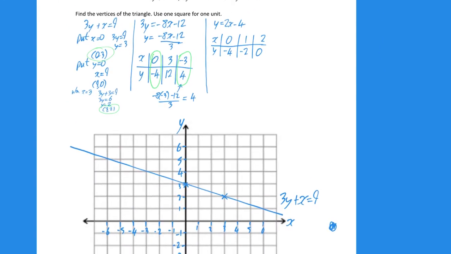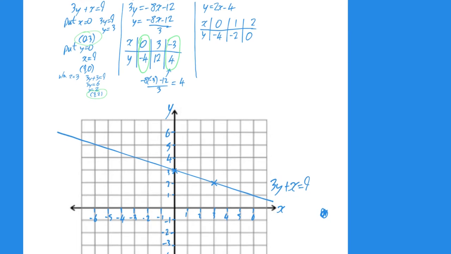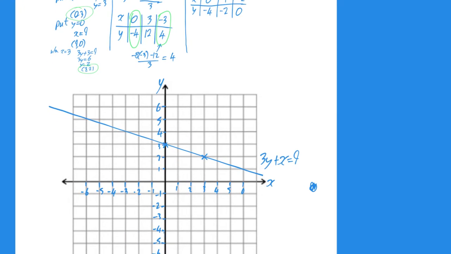Okay, we're going to go back and draw the next one. So the middle one, you can see we're plotting point 0, minus 4. So 0, minus 4 is here. The other point is minus 3, 4. So minus 3, 4 is here. And we'll link those two up. Use our ruler again.